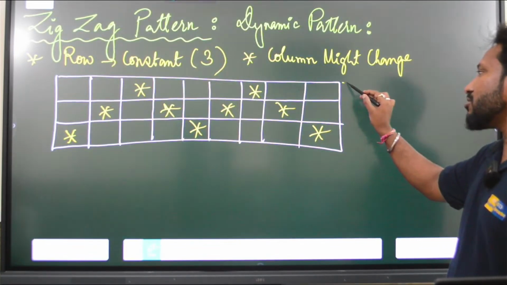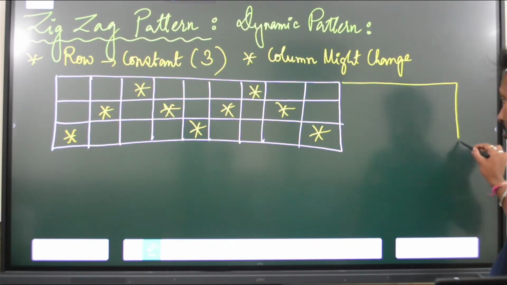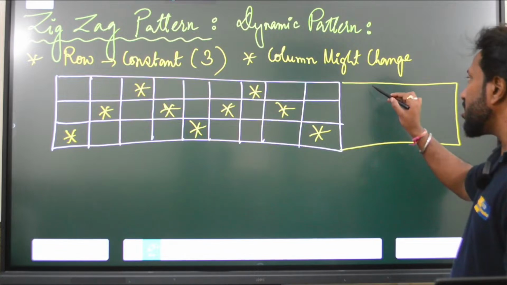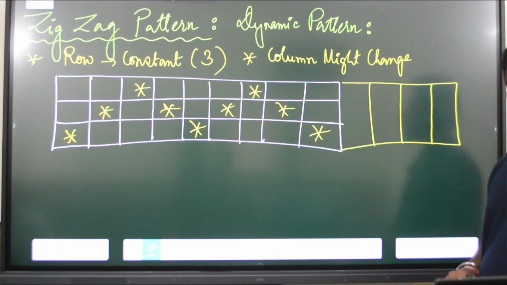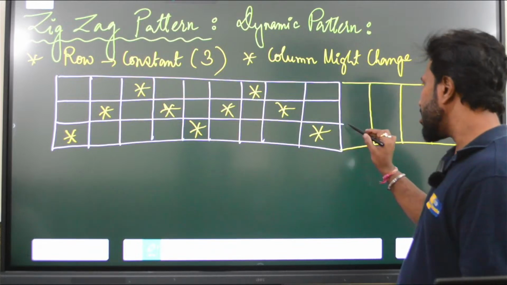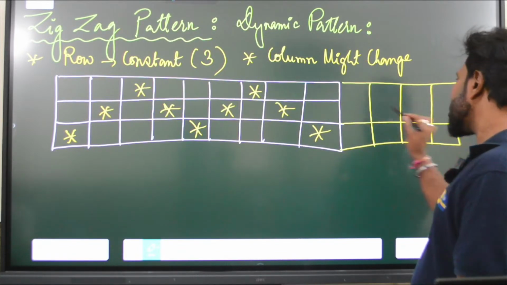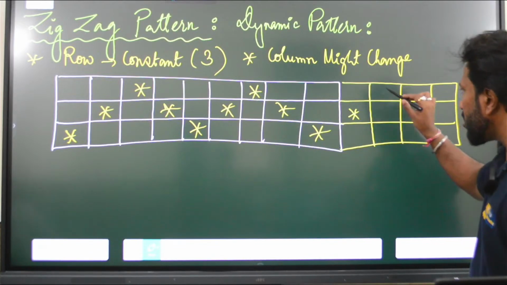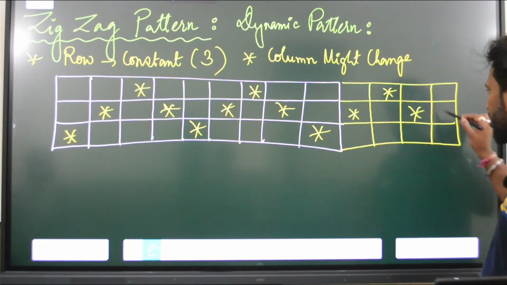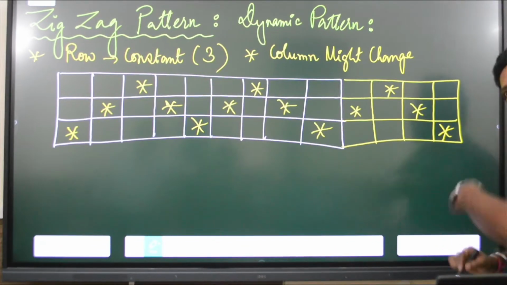If I need one more triangle, I will need 4 extra columns. 1, 2, 3, 4. Okay? Why? I will tell you why. Let me just draw it. 1, 2, 3, 4. We got one more triangle.